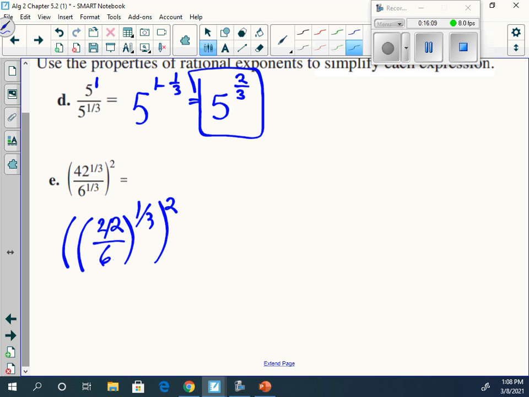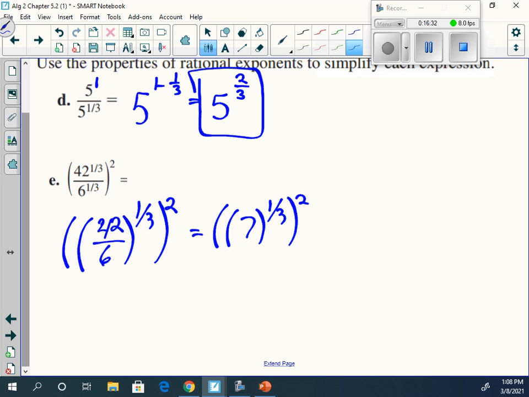Right? And you're looking at that, why does that matter? Yes? It makes it easier. Because what's 42 divided by 6? Because they're both to the 3rd power, we could pull that apart and do the division.